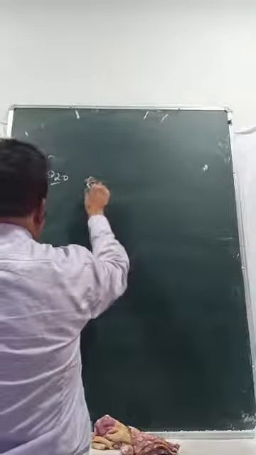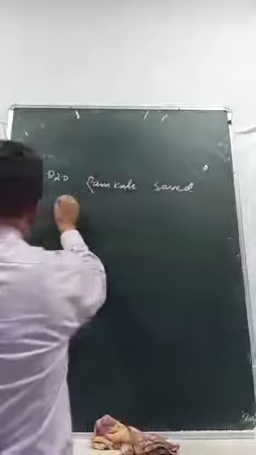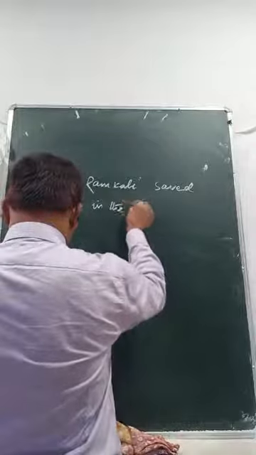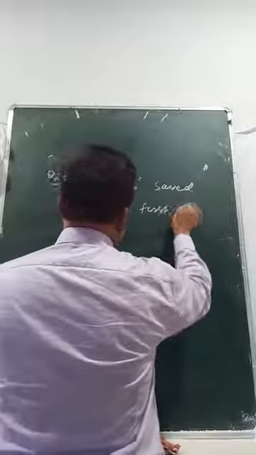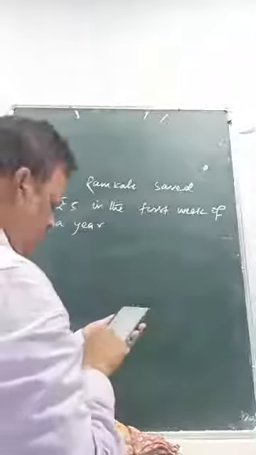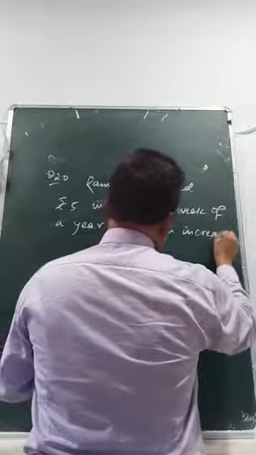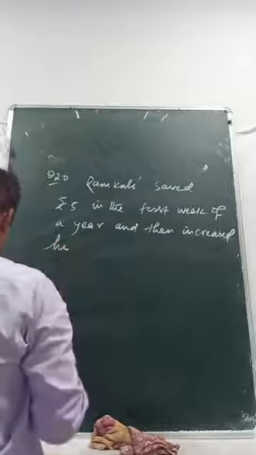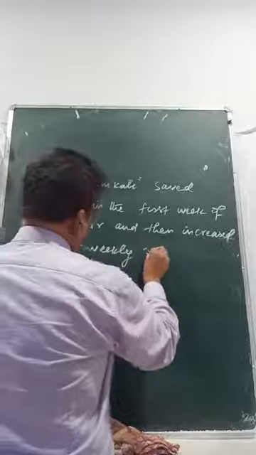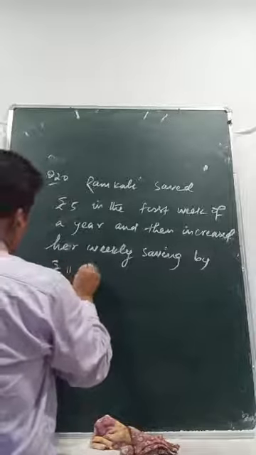Number 20. Ramkali saved rupees 5 in the first week of a year, and then increased her weekly saving by rupees 1.75.